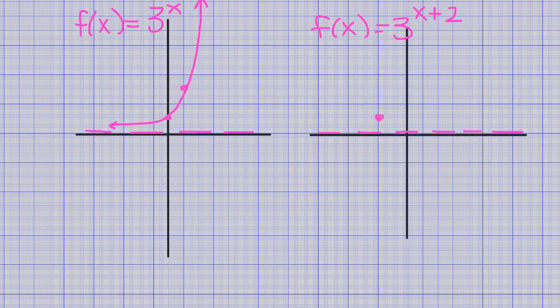And then from that point, it's easy just to go, okay, my base is 3, so over 1, I'm going to go up 1, 2, 3, put a point there, and draw in, whoops, I missed, just make the point really big when you miss. There's my graph translated, so this is a translation, 2 units left.